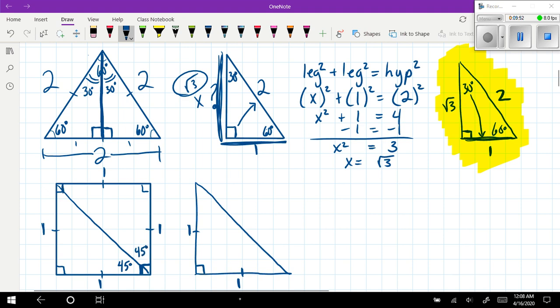Likewise, up in this other corner, I have this 90. This gets cut in half, 45 degrees here, 45 degrees here, which means that I end up having something called a 45, 45, 90 triangle. It's nothing more than a square cut in half. But this time, I don't know this piece. This is my x now. Okay, so I'm going to do the Pythagorean theorem again. Leg squared plus leg squared equals hypotenuse squared.